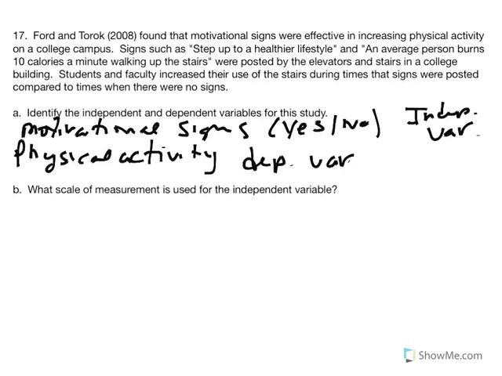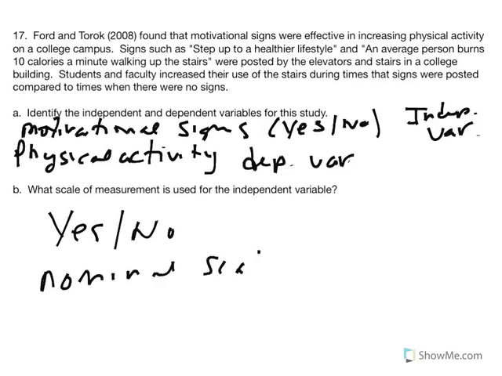It's either yes or no, and again, objectively, we can't say one scenario is better than the other. So motivational signs, their presence, yes or no, present, not present, would indicate that we're working with a nominal scale of measurement. Okay, let's move on to the next one.